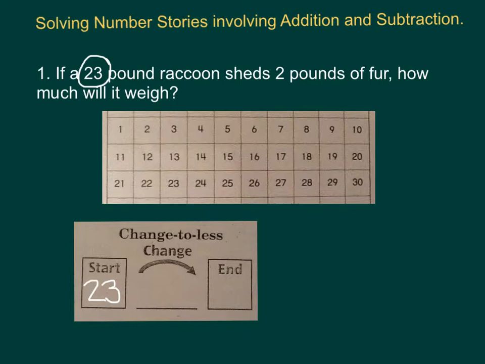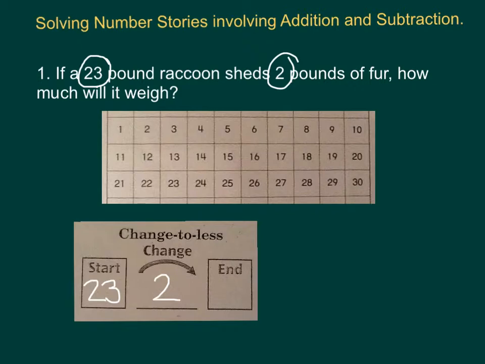And we know that we're going to do a change to less story problem because when an animal sheds fur, they're going to weigh less. So we know that our animal is going to shed 2 pounds of fur. So that's going to be the change, and I'm going to put that right into our change spot on our diagram.